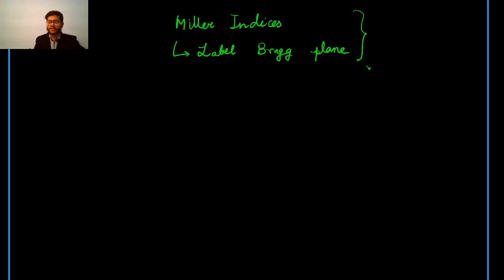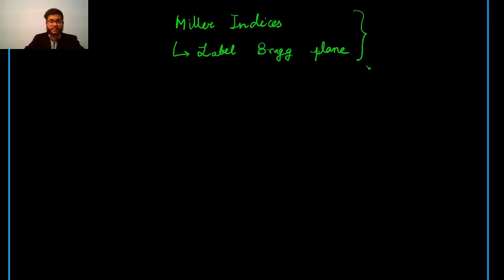So I'm not going to go in that direction, because the point of the course is to give you a loose connection between the experimental diffraction and the theoretical structures that we are going to discuss.